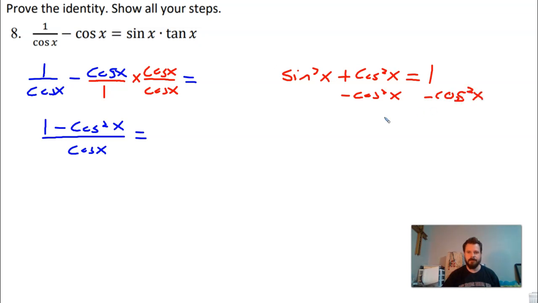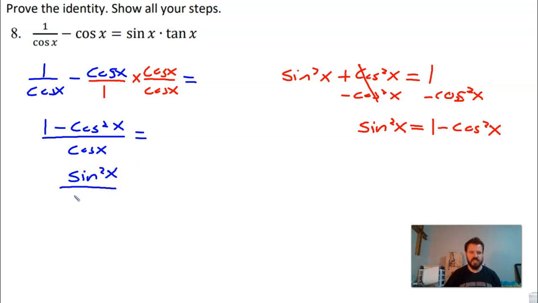And that's going to leave me with a sine squared x on the left is equal to 1 minus cosine squared x on the right. So in other words, I can replace this 1 minus cosine squared with just the sine squared. So we have a sine squared x over cosine x.